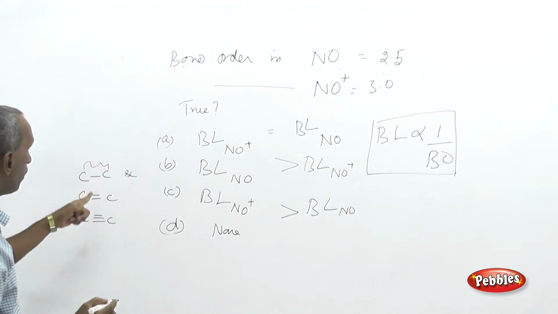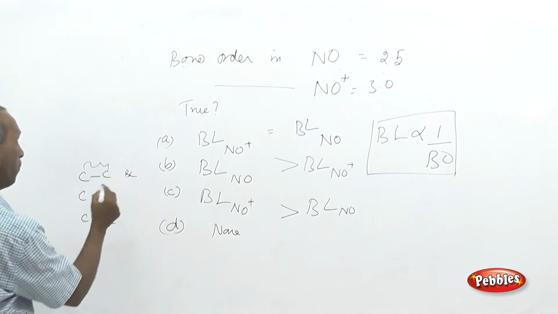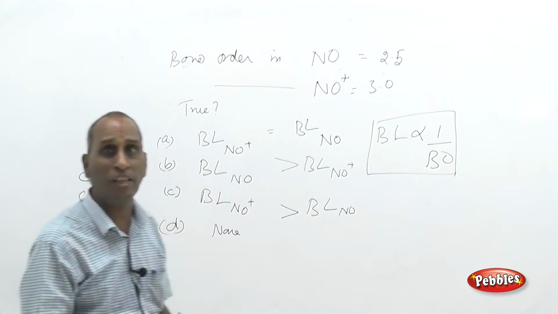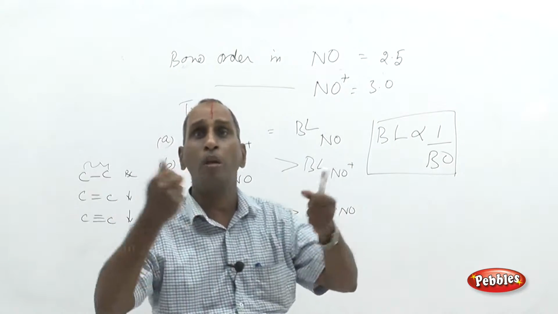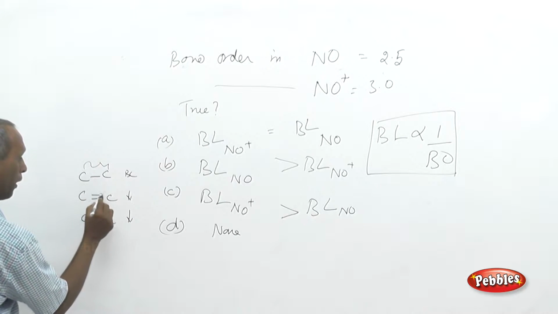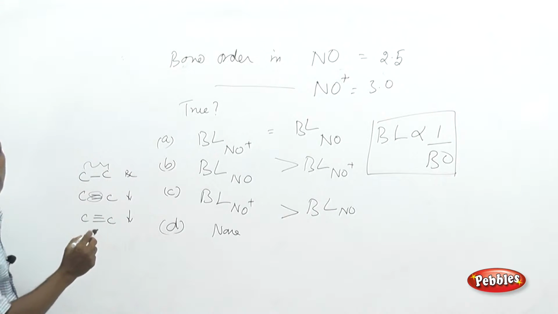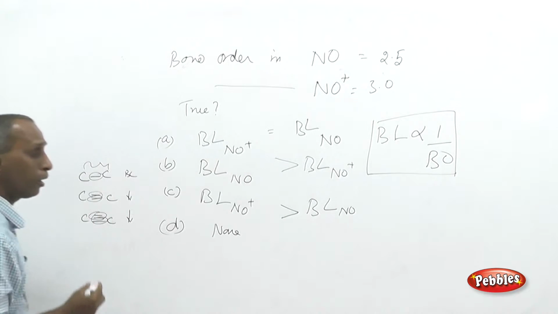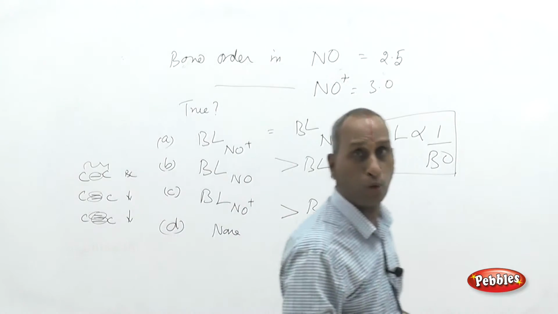Whereas bond order is 1, 2, 3, bond length goes on decreasing. In multiple bonded systems the atoms are brought closer because the same two atoms are connected by 2 covalent bonds, or 3 covalent bonds. Here the same 2 atoms are connected only by 1 covalent bond.